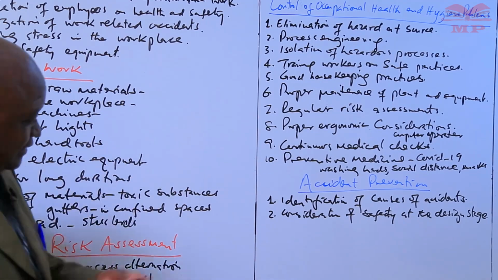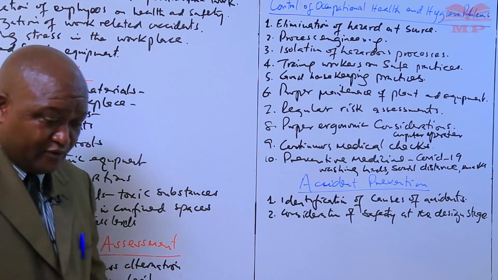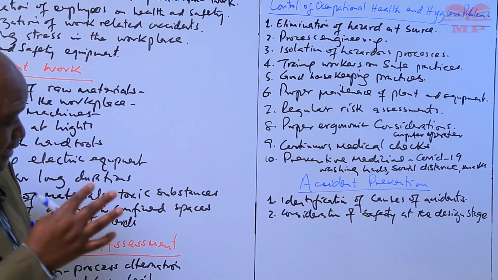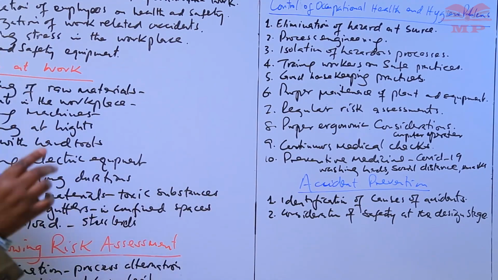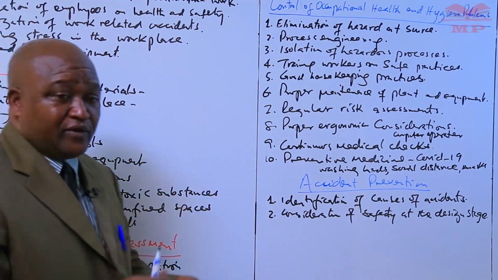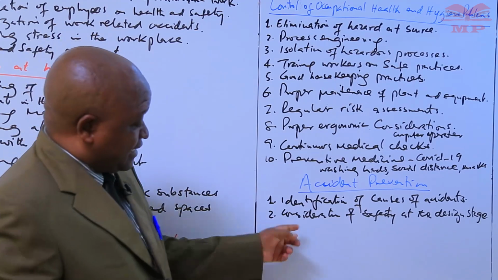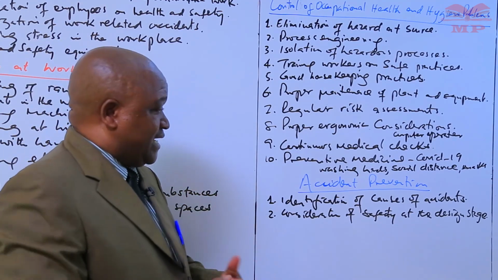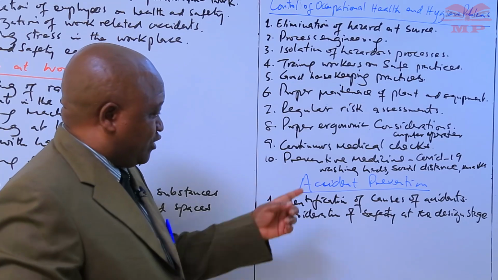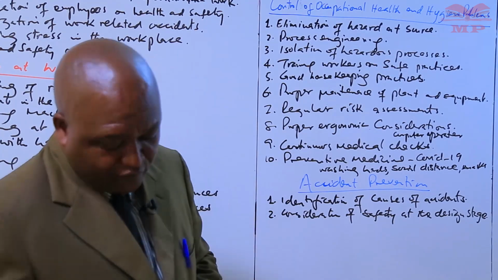So the staircase that is being constructed to go to first floor or second floor or third floor, you can ensure that those particular staircases are constructed to particular standards which can be able to avoid workers, for example, being injured. So that consideration at the design stage for maybe building and equipment can also be one way of anticipating accidents and preventing them from occurring.